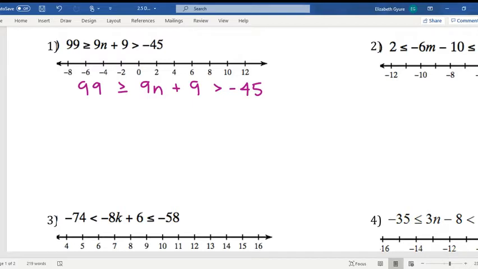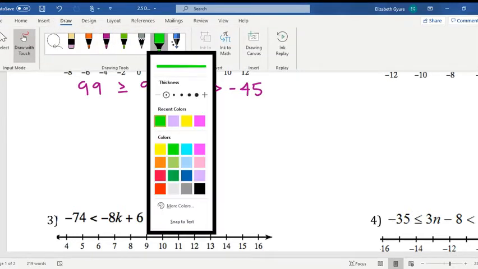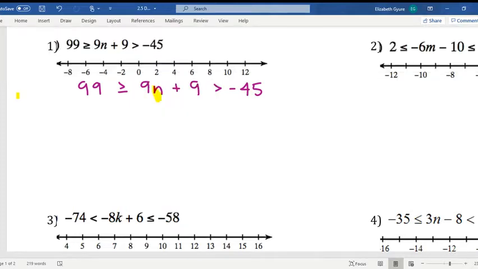It's just tricky. I wouldn't do that. Yeah, I would leave it the way it is for these. All right, so now we need to solve. The only thing that's a little different from yesterday is that there's just a little bit more going on. These are going to have 2 or 3 steps instead of just 1. We want to get our variable all by itself in the middle.